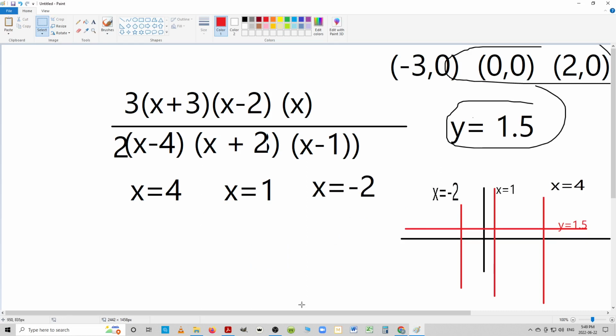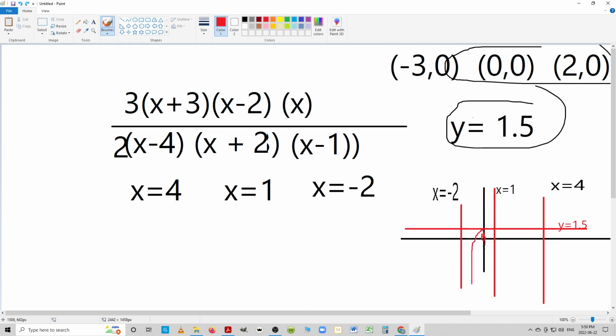Great. Now, I also know that it's going to go through these points. So where are these points? And it's important to notice where they are in terms of those vertical asymptotes. Well, 0, 0 is right here. So it's safe to say that this graph probably goes through like that. But we'll discuss that in a second.